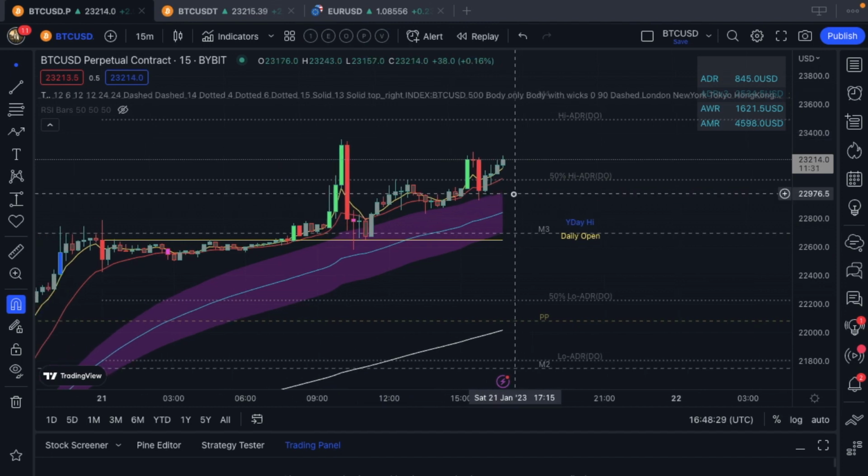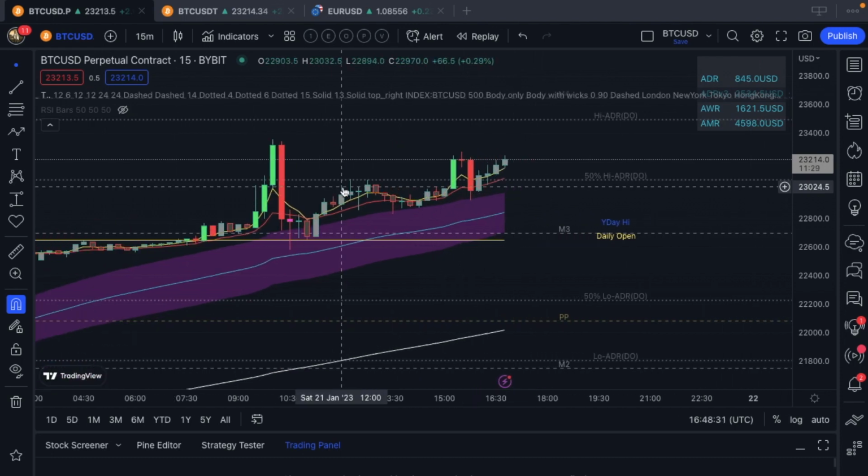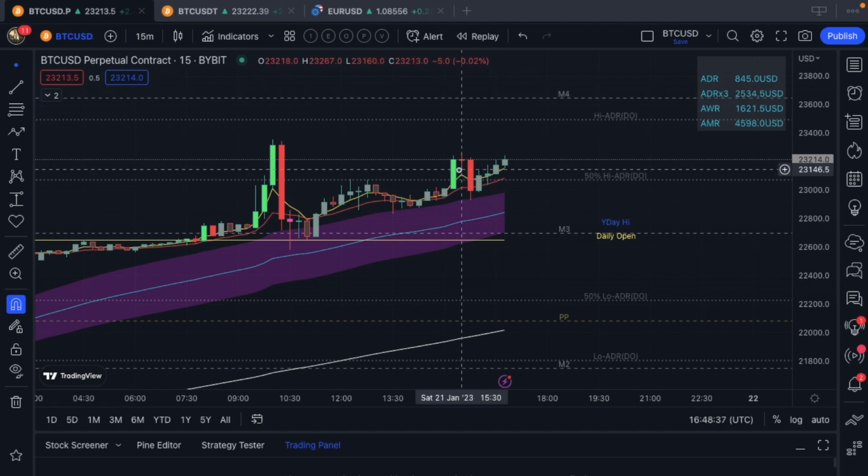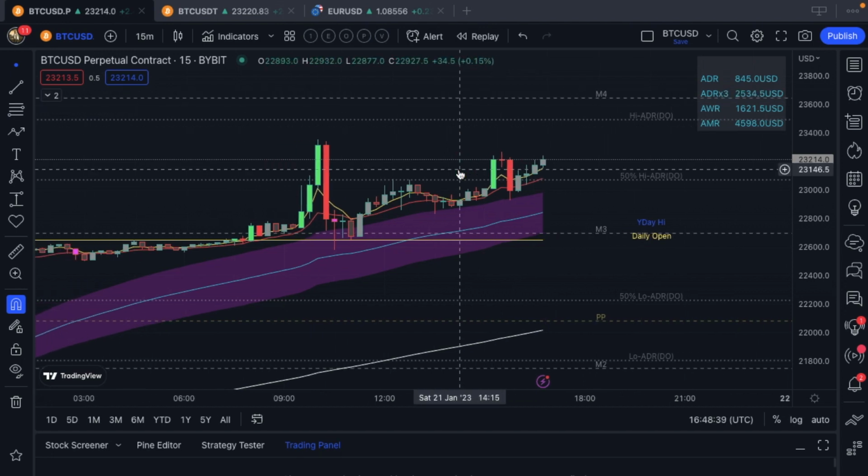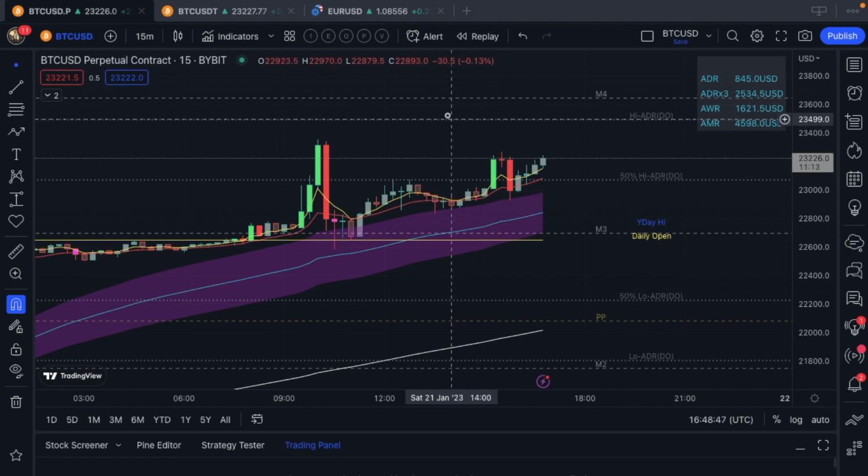Pretty bizarro actually. I don't like trading weekends, but I did take a couple trades today. And that is gonna pretty much do it, guys, for the ADR. So play with it, watch it. Don't necessarily take trades off it right away. Find confluence and reasons why you think that there will be a reversal at around the high ADR.